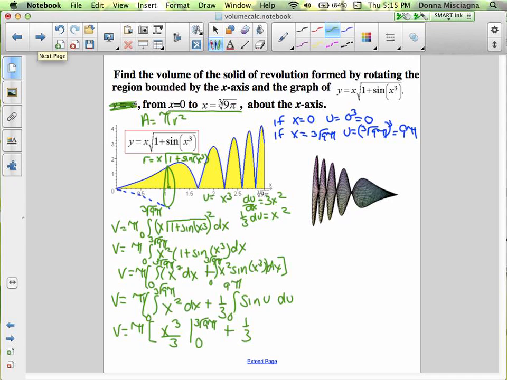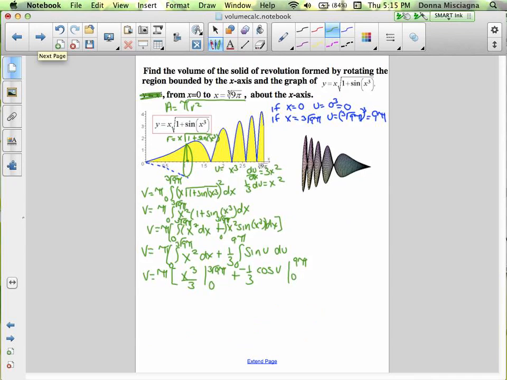So whose derivative is sine? Well, cosine, except it should be negative. Cosine is negative sine u. So this is going to be negative 1/3 cosine u, and that is from 0 to 9 pi. I'll just keep going down; I don't think I have enough room to go to the left or right.